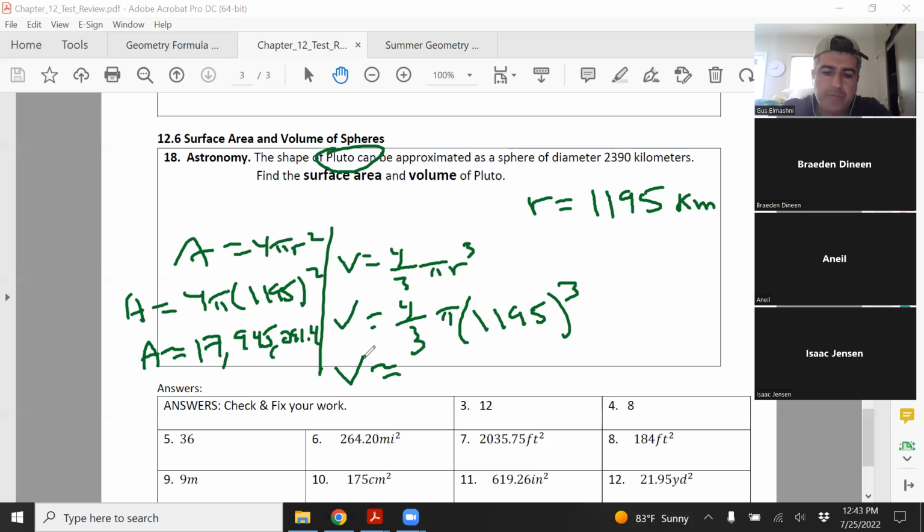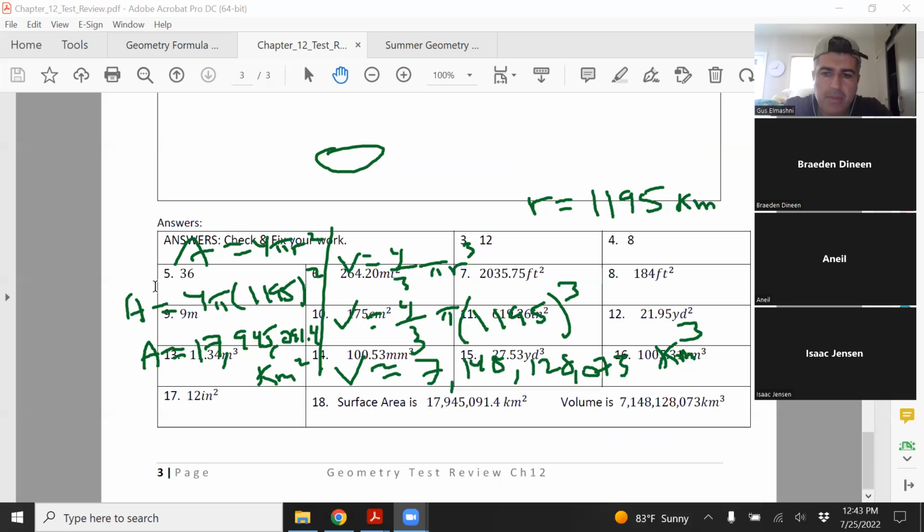And this one here, yeah, you get also a ridiculously big number. Yep, we get the same answers. So yeah, 17 million square kilometers roughly, or close to 18 million square kilometers for the surface area of Pluto. And for the volume of Pluto, it's over 7 billion cubic kilometers.